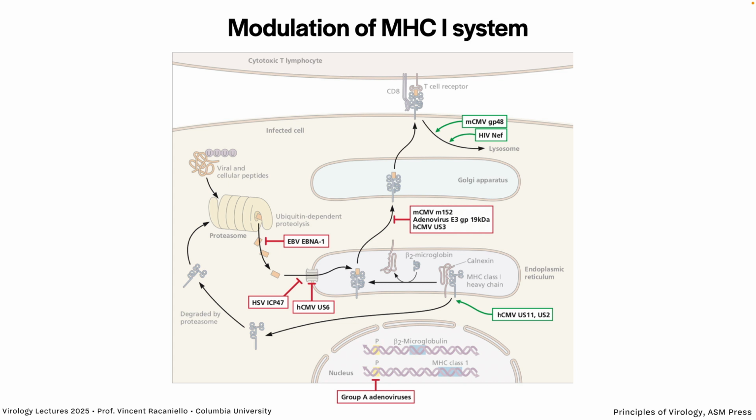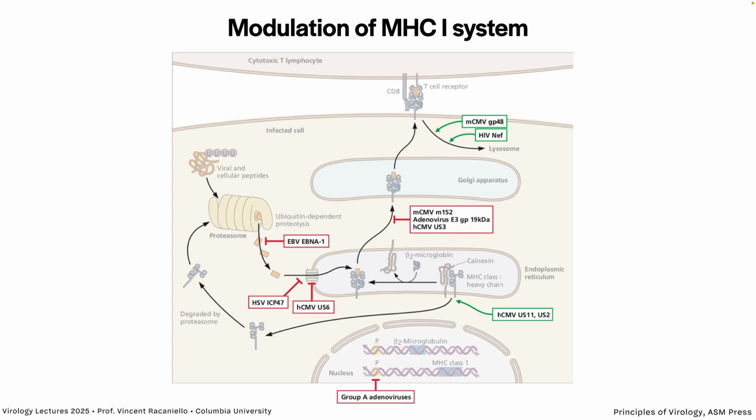Once the peptide is in MHC1, it's transported to the cell surface. And there are viral proteins that interfere with transport. And then even if the MHC1 is on the cell surface with a peptide in it, there are viral proteins that will remove it from the cell surface and send it to the lysosome. They basically induce endocytosis of the MHC1 and send it to the lysosome where it's degraded.